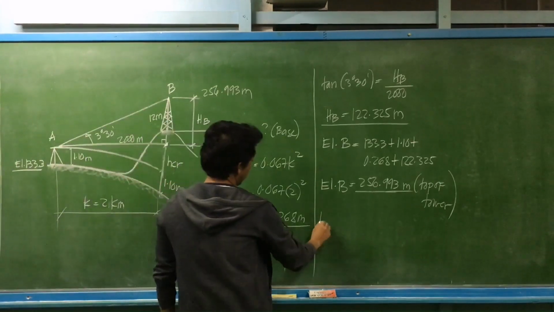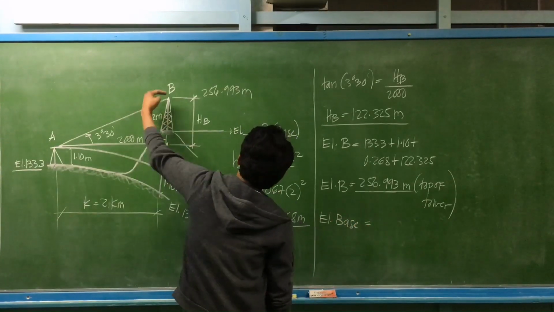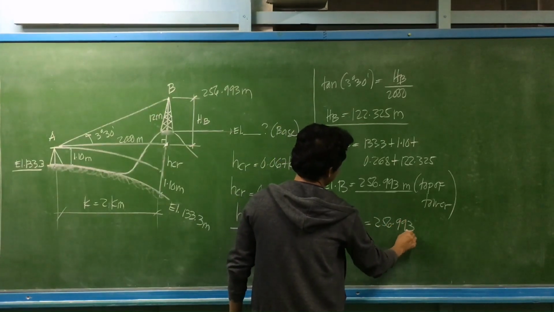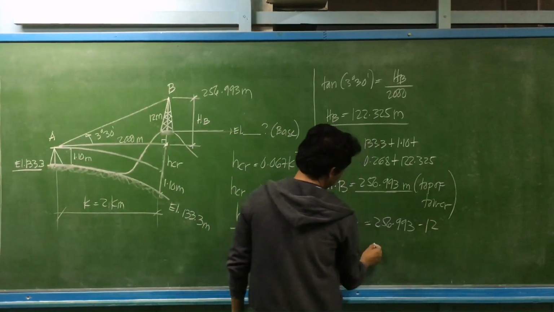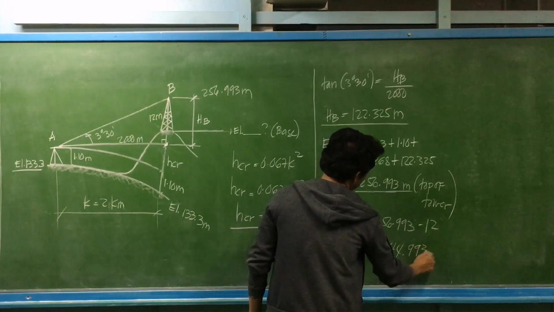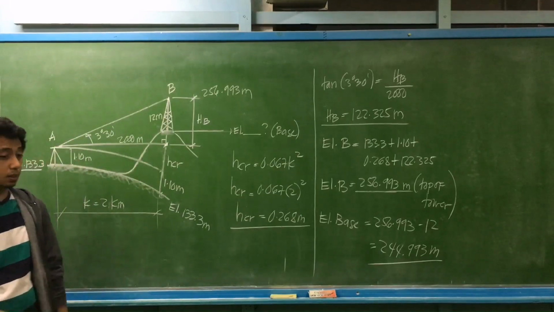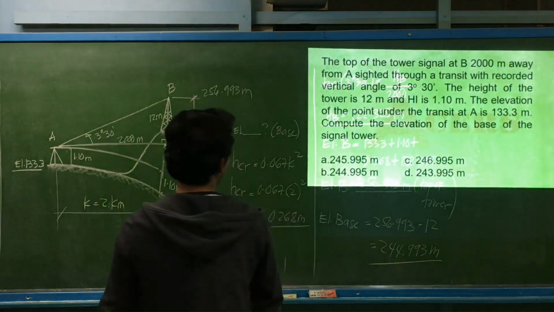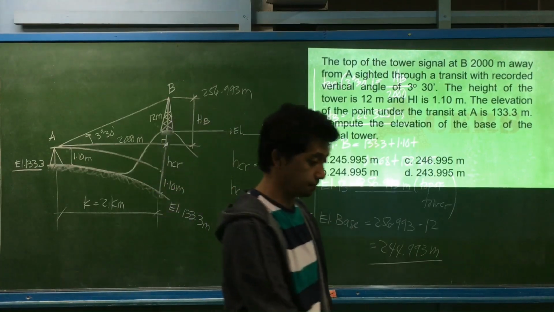So, we have the elevation of the base of the tower is yung elevation ng top, 256.993 minus yung binigay na height ng tower na 12 meters, is equal to 244.993 meters. Yun yung ating sagot. So, the elevation of the base, 244.993. Let us check sa choices. 244.995 na lang siya dito. So, pinakamalapit na si letter B.